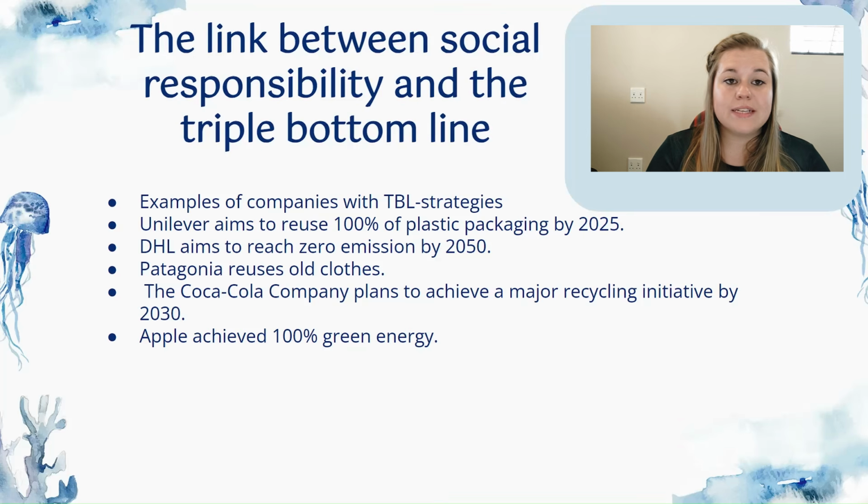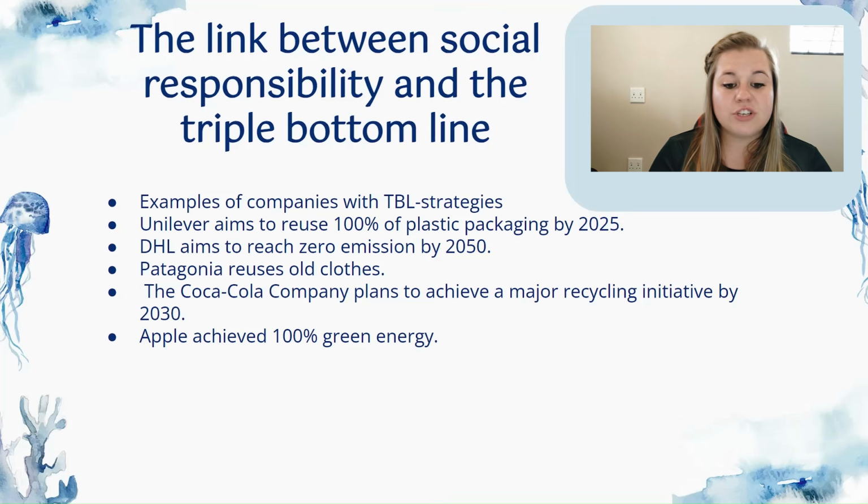Alrighty, then we're looking at some examples of triple bottom line strategies. This is very nice and very important, again, to make use of for the examples, for originality in the essay. Unilever aims to reuse 100% of plastic packaging by 2025.